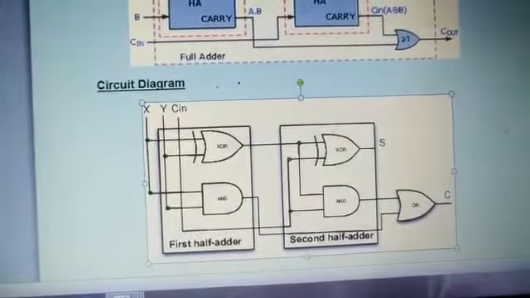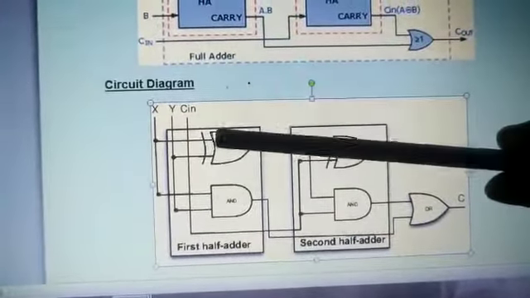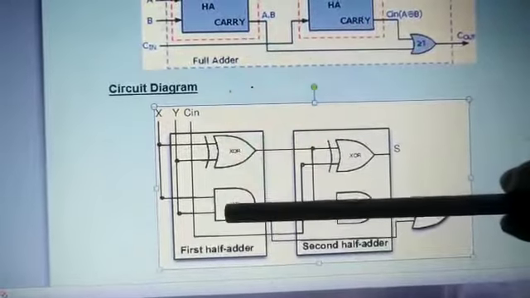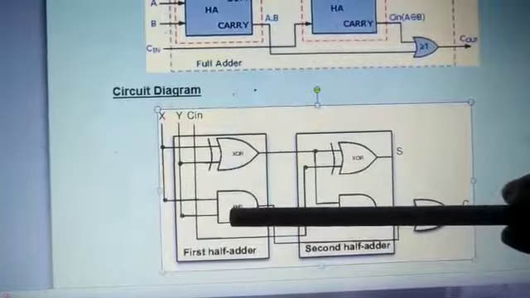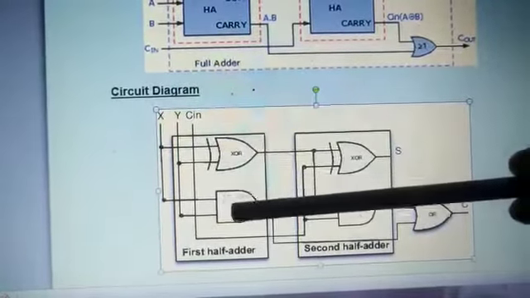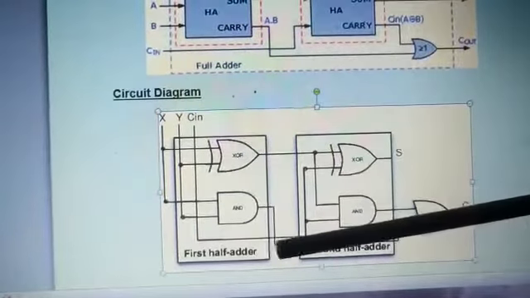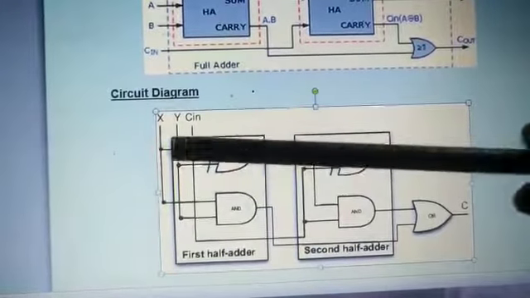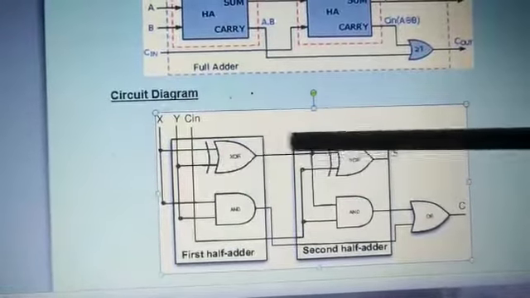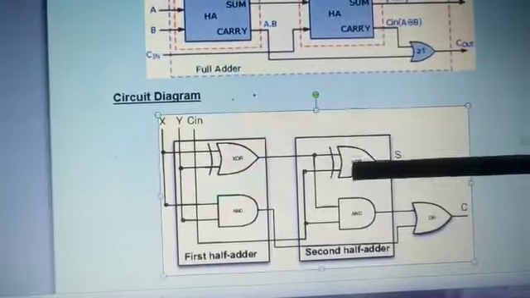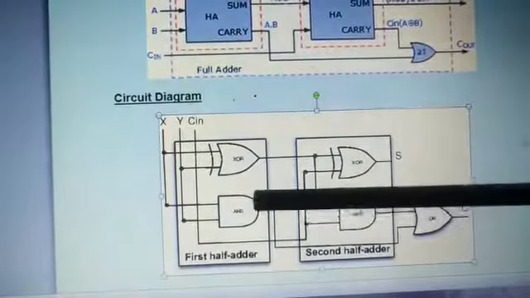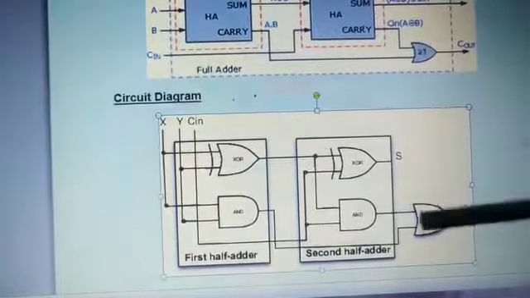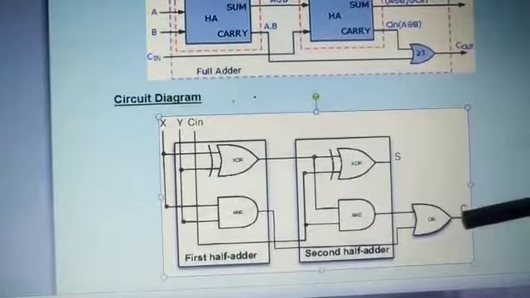Now look at the circuit diagram. Here is an XOR gate to get the first sum, and an AND gate to get the first carry output. C in becomes the input for the second XOR gate along with the first sum, and the carry from the second half adder and the first carry both pass through the OR gate to get the final carry output.